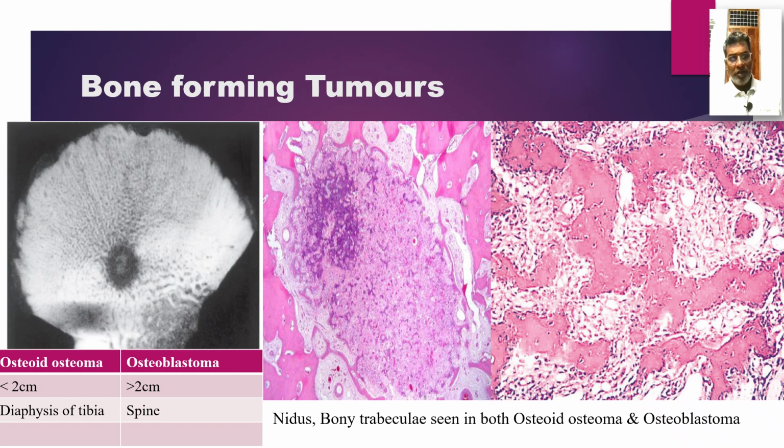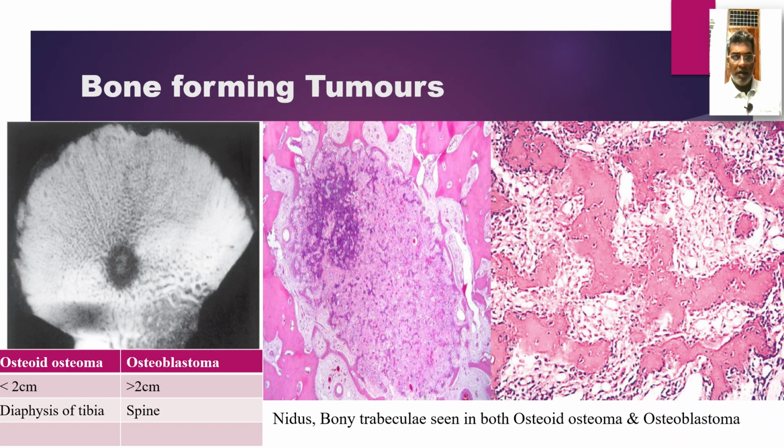When you observe the radiology picture, you can appreciate a round structure here. Okay, around this is all bony trabeculae. This is nidus, whatever you say. Okay, when we see it in microscopy, this is the nidus.